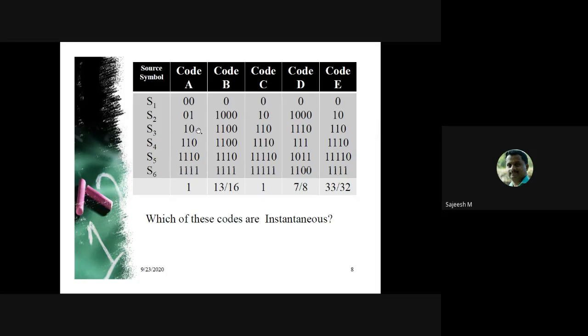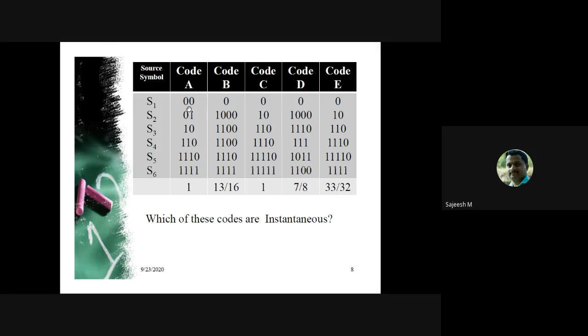Then if we substitute in that expression, since it is a binary code, r equal to 2. Therefore, for the Kraft inequality, sigma k equal to 1 to q r raised to minus lk, we can find that summation.